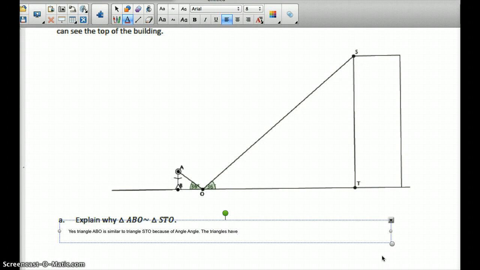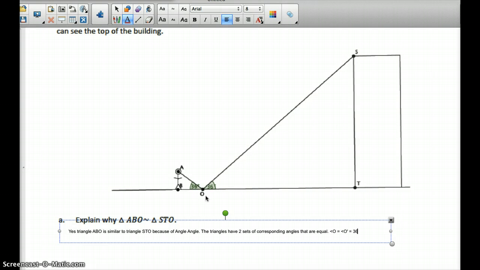The triangles have two sets of corresponding angles that are equal. And then I'm going to go ahead and name those. So that was angle O equals angle O prime, which they just have O, so just know that we're talking about the two different triangles there.